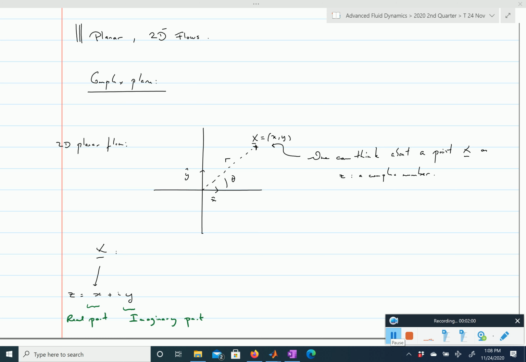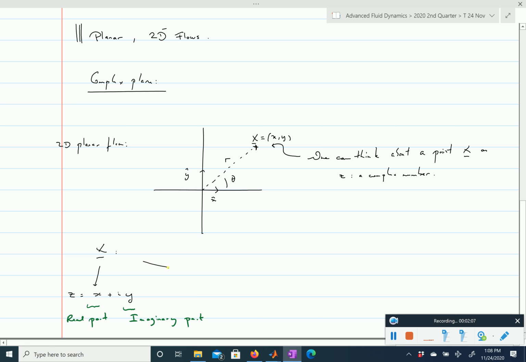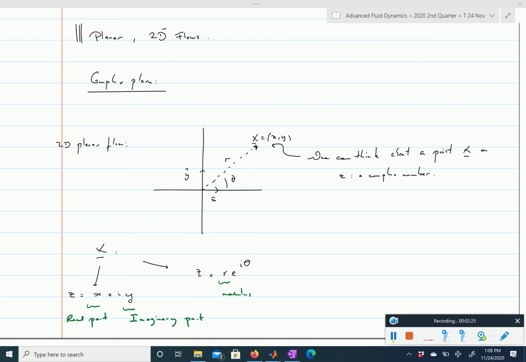But equivalently, you can also think about this point in terms of its polar coordinates, and in that case, you're still looking at the same complex number, but you write it in exponential form. So z will be equal to r exponential i theta, where r is the modulus of the complex number, and theta is the argument.